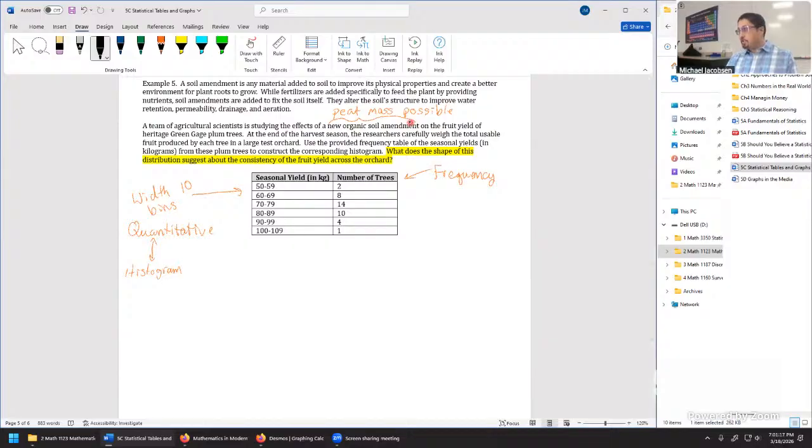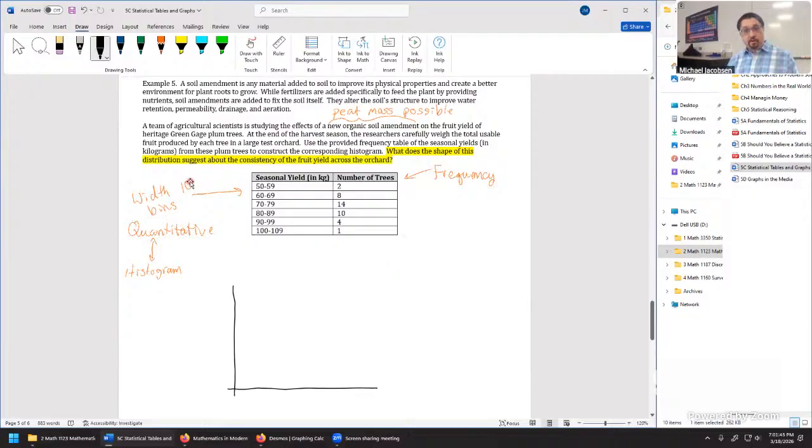Okay, so first, let's just drop down some axes. Here's the vertical axis going this way, horizontal axis going this way. And on this horizontal axis, here, this is going to be the variable itself, the seasonal yield. In the prior problem, it was the categories, the actual planets. But for the quantitative variable, we forced in arbitrary categories with bins at width 10.